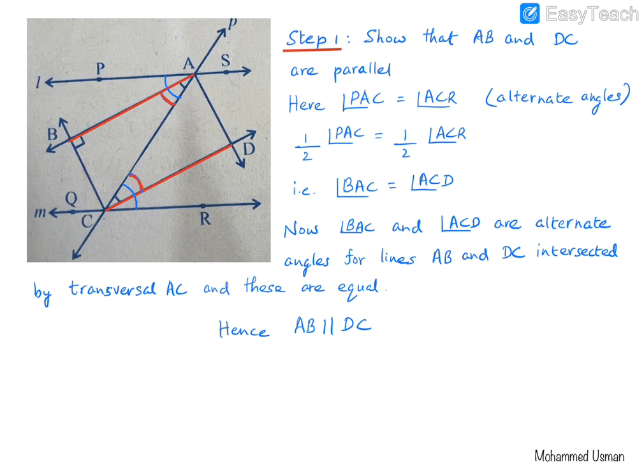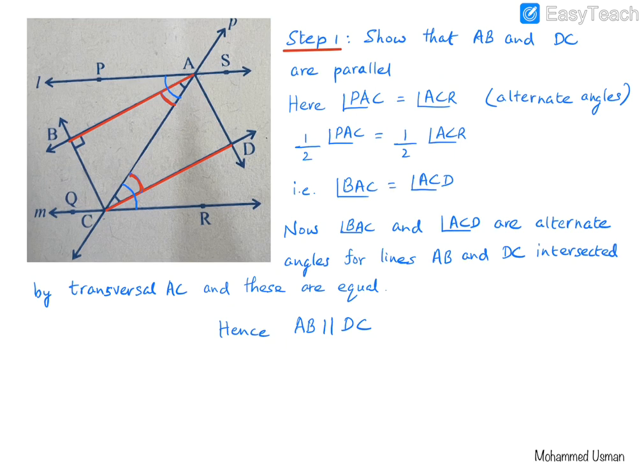If these two angles are equal, then the line AB and the line DC are cut by this transversal AC, and the alternate angles are equal. So BAC and ACD are alternate angles for the lines AB and DC cut by the transversal AC.